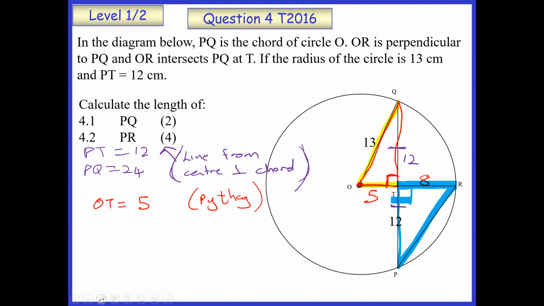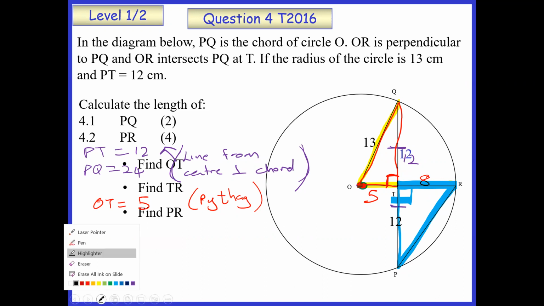And then we can square root that. What do we get there? 14.42. Someone to check that, please. I don't have a calculator on me.